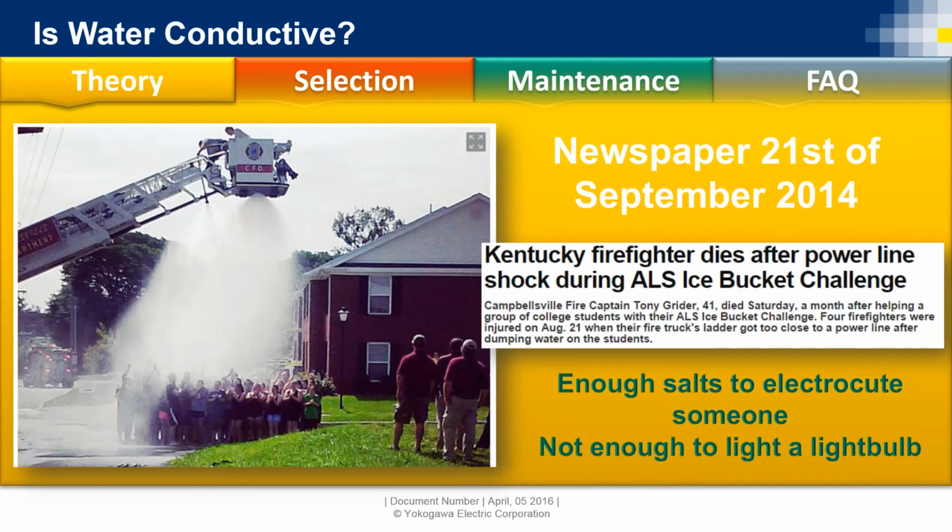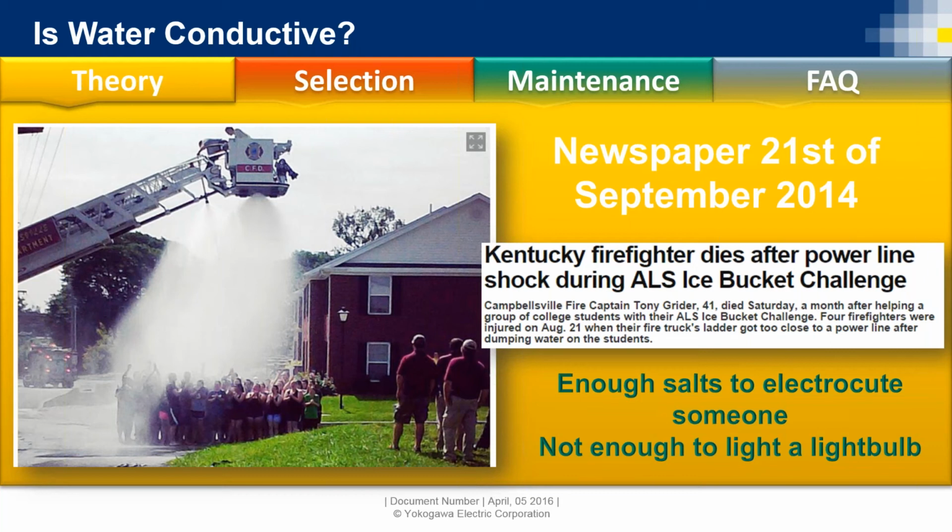But one thing we have to take a moment and think about, not just from a safety standpoint: does anybody remember that ALS ice bucket challenge that went around in 2014, 2015? Even our tap water out of our fire hydrant has ions present. So we have to be cautious when we take water around electric devices.